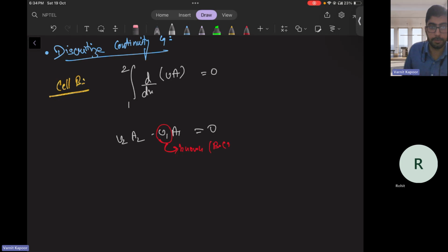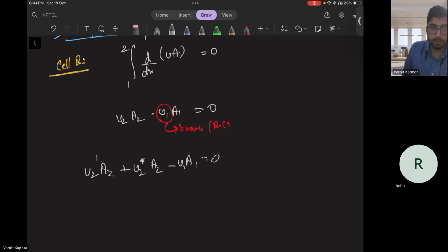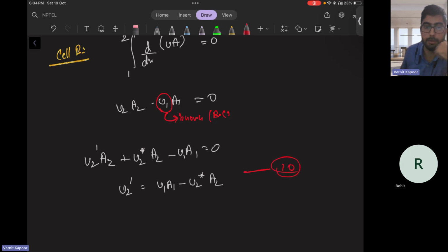Then you can write in terms of prime and star values. U2 prime A2 plus U2 star A2 minus U1 A1 equal to 0. So from here, your prime value will come out to be U1 A1 minus U2 star A2. That is your equation number 10.